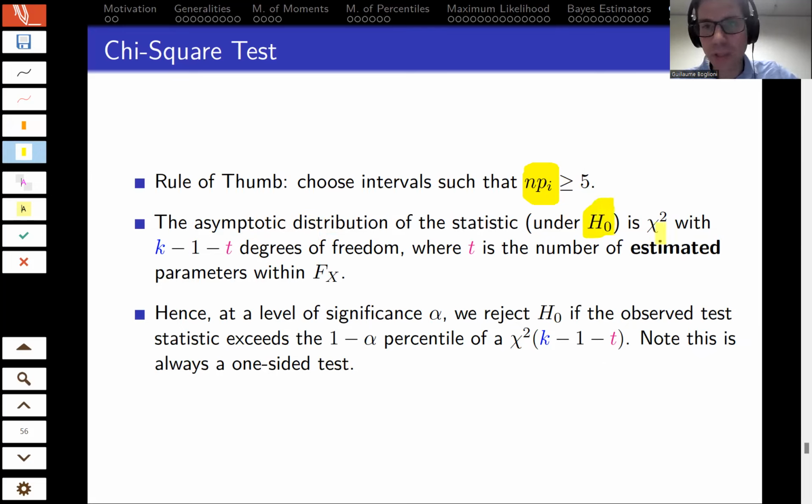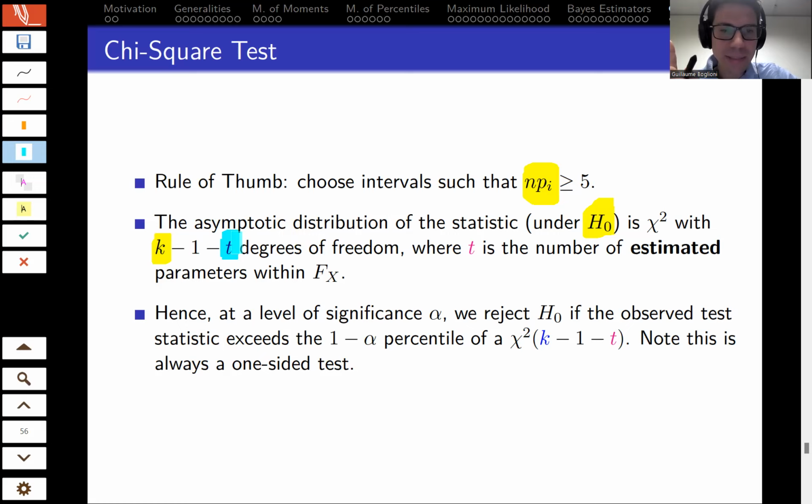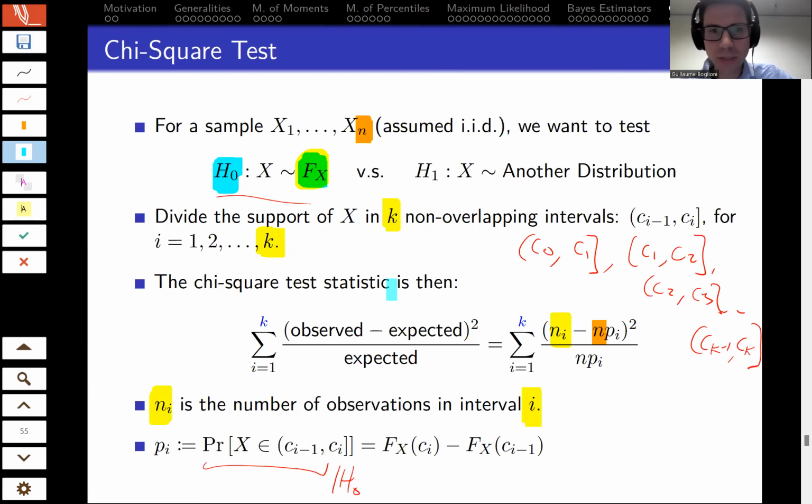The asymptotic distribution of the test statistic, for n large, under H0 is a chi-square. It's a chi-square with a number of degrees of freedom, careful, which is a parameter of the chi-square. It's k, the number of intervals, minus 1 minus t, where t is the number of estimated parameters within Fx, the distribution you're testing.